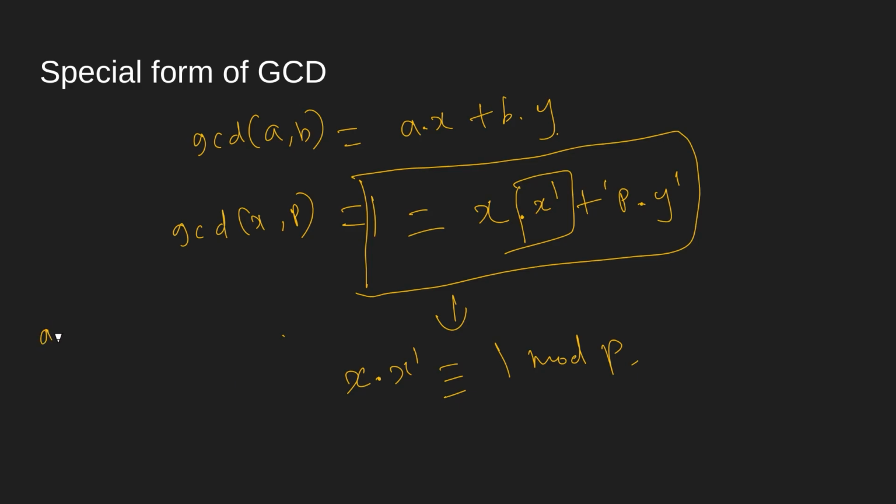If A is congruent to B mod P, then we can write A as some quotient times P plus B. So consider this x times x bar as a single term. We can write x times x dash is congruent to 1 mod P. From this we can conclude that x bar is the multiplicative inverse of x because 1 is the identity element.